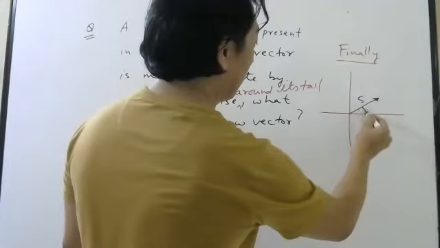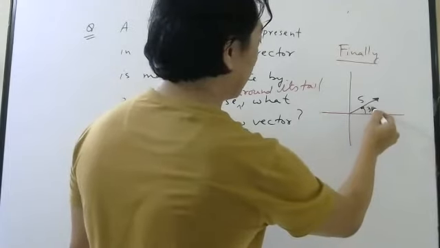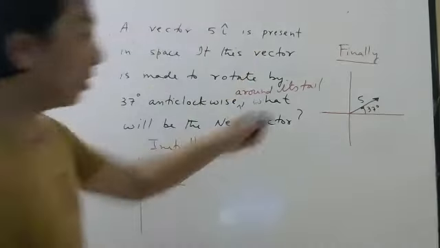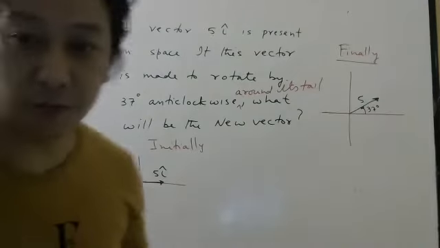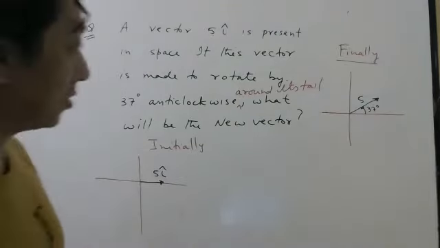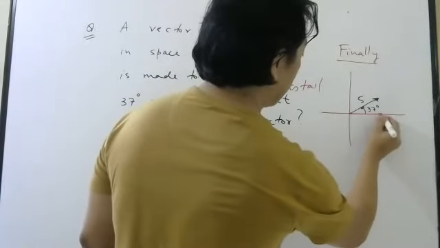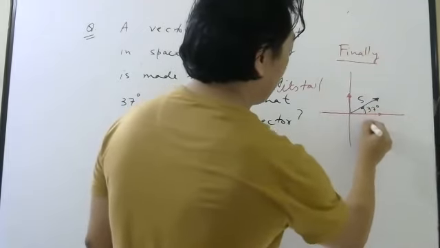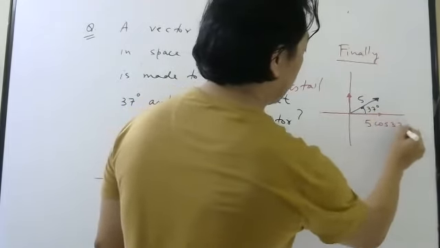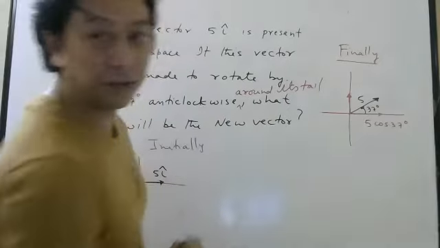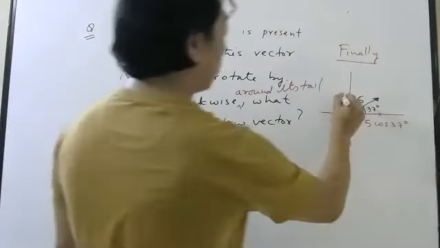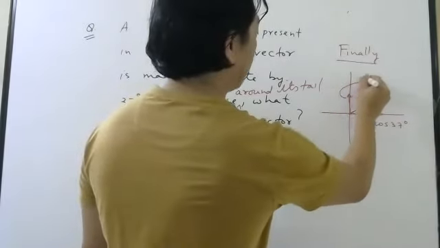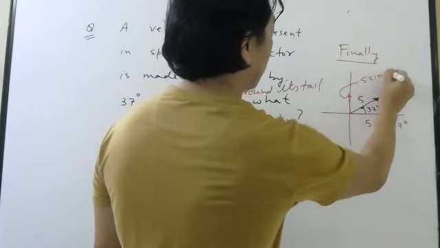But this angle is now 37 degrees, so it will have an x component also and a y component also, correct? This will be your x component and this will be your y component. The x component will be 5 cos 37, and the y component will be 5 sin 37.